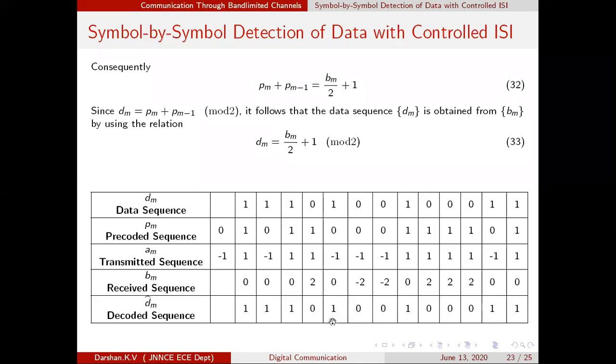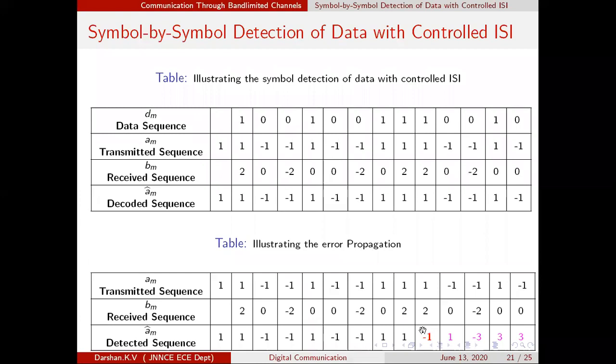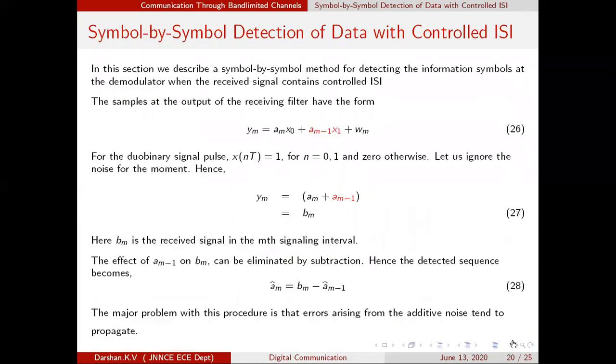So any error that happens may happen at that particular instant. That error won't be carried further as in the previous cases. If the error was happening over here, that error would be propagated. Why? Because while detecting at any mth instant, you need to use the previously detected sequence also.